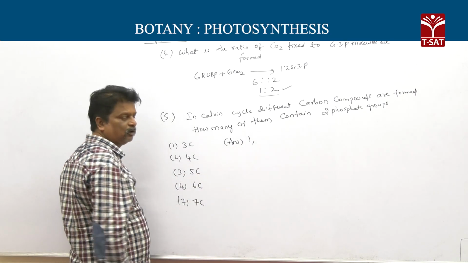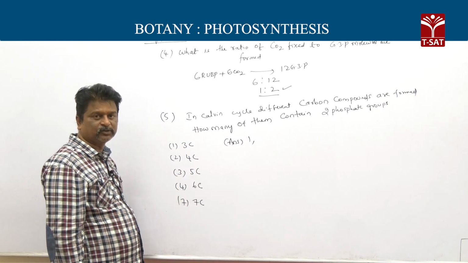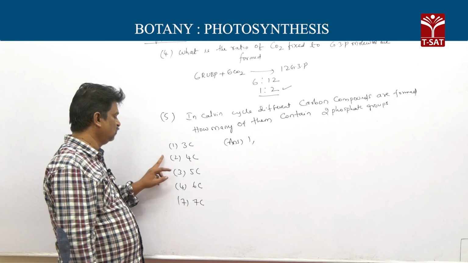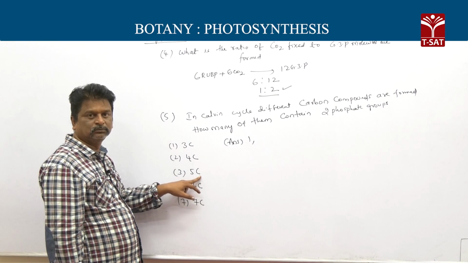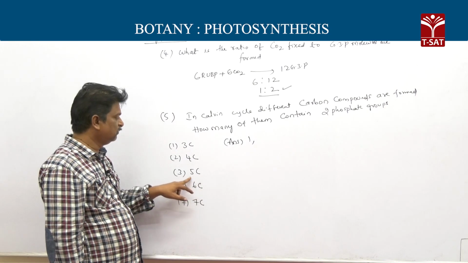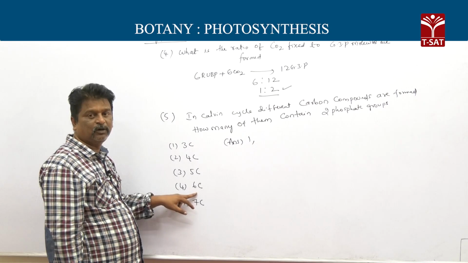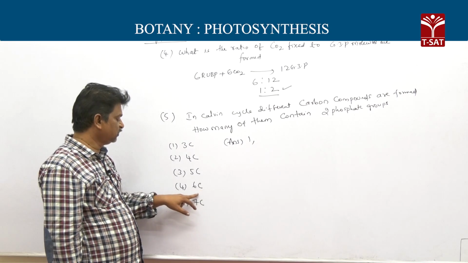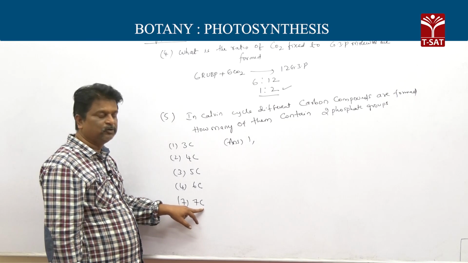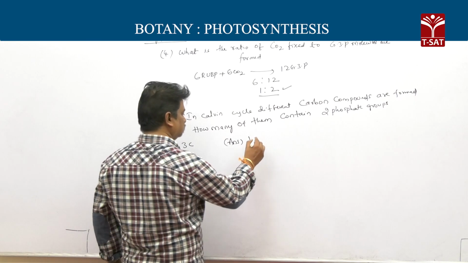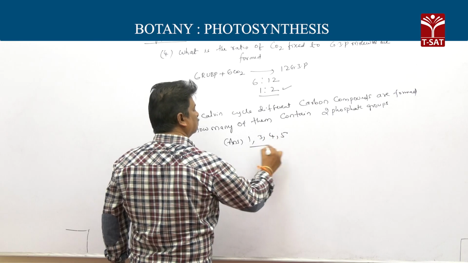Second one, 4 carbon compound, only 1 phosphate is formed, erythrose 4 phosphate, no. 5 carbon compound, ribulose 1,5-bisphosphate. Then 6-carbon compound, fructose 1,6-bisphosphate. Then 7-carbon compound, sedoheptulose bisphosphate. So answer is 1, 3, 4, 5.